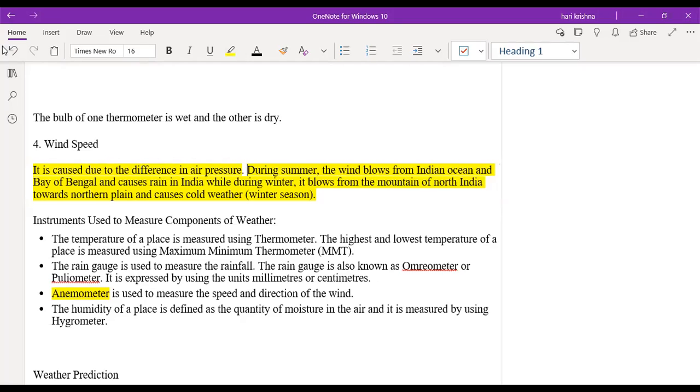How can we measure the wind speed in a particular place? Wind direction. Yeah. We'll use the anemometer to measure the speed and the direction of the wind. What is the instrument name? Anemometer we'll use. Have you seen the picture of that one?